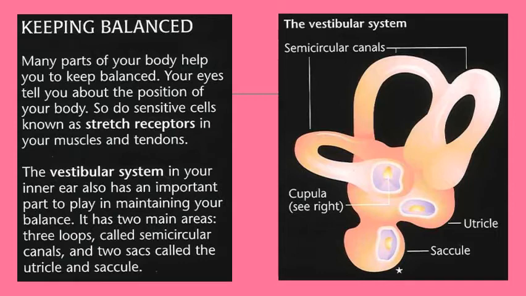It has two main areas: three loops called semicircular canals and two sacs called the utricle and saccule, whatever that is. So there is your vestibular system, and this is your semicircular canals. Can you see how there is 1, 2, 3 of them? And there's your two sacs there and there.